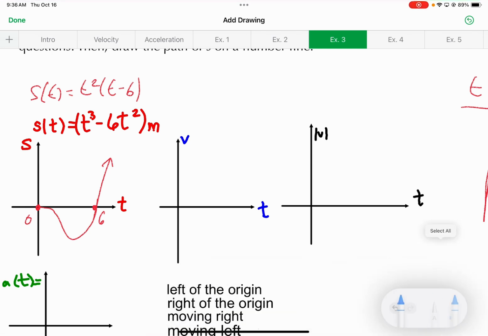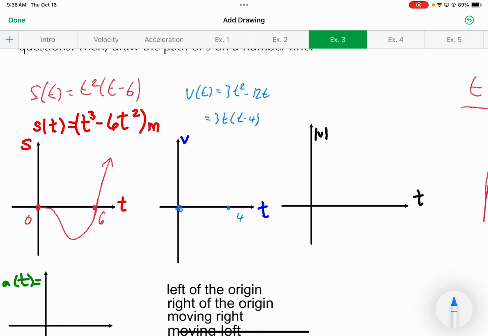So again, we said our velocity function V of t was equal to 3t squared minus 12t. Or you could think about it like 3t times t minus 4, giving us x-intercepts of what? Good. So 0 and 4.